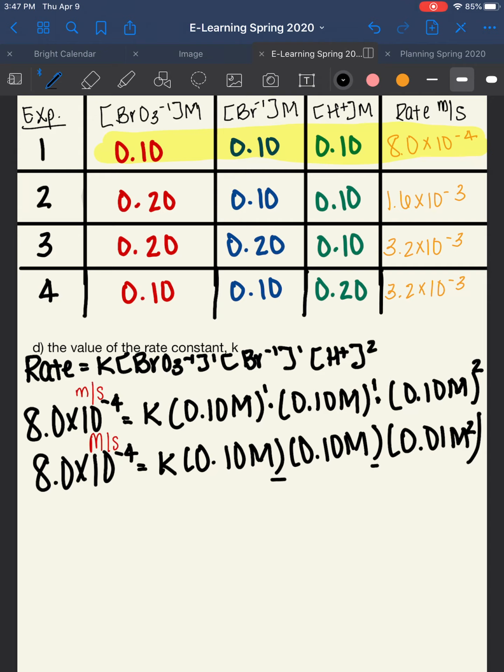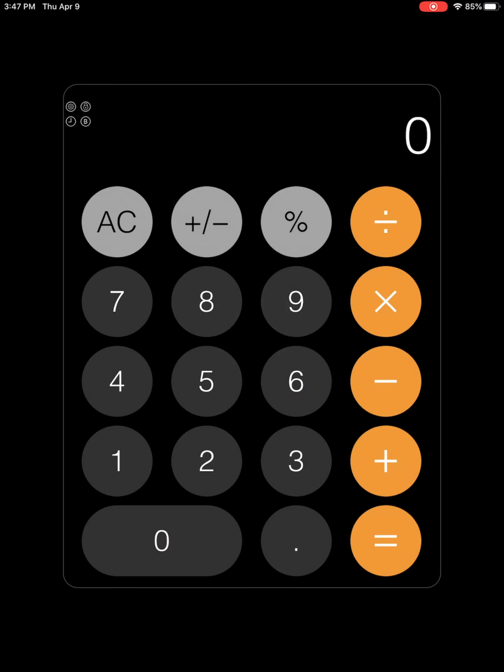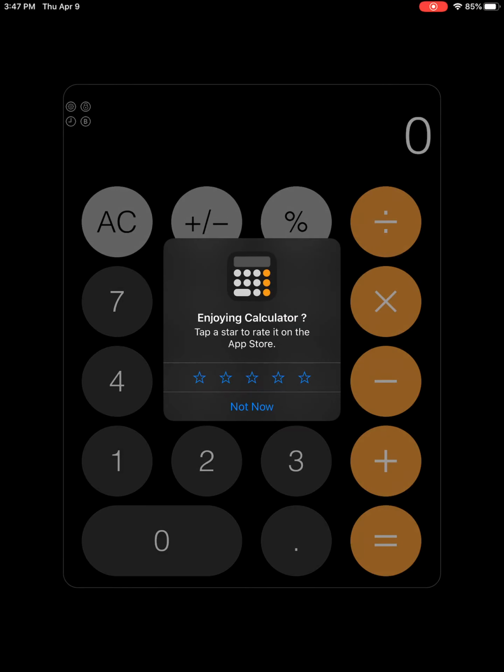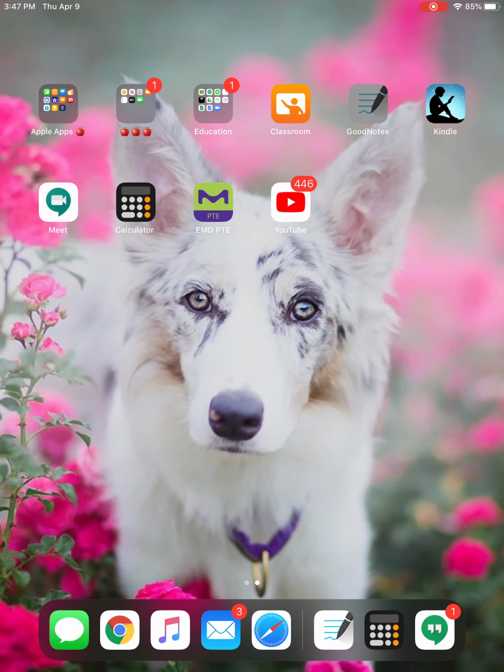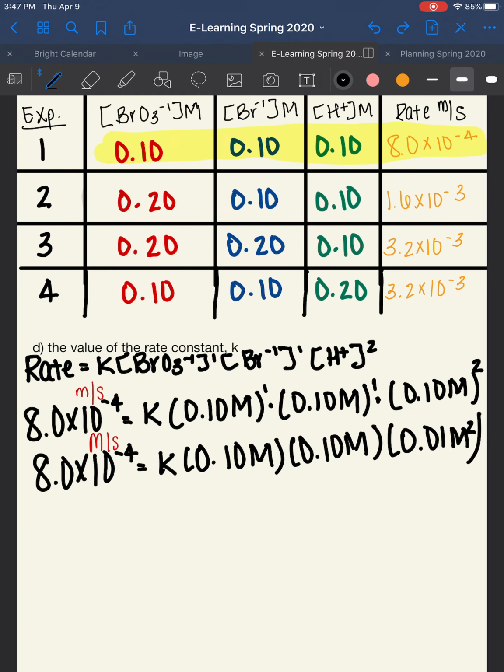Okay, so I'm going to multiply these 3 values together so we can see what we get. 0.1 times 0.1 times 0.01 is going to be 0.0001, or 1 times 10 to the -4th power.